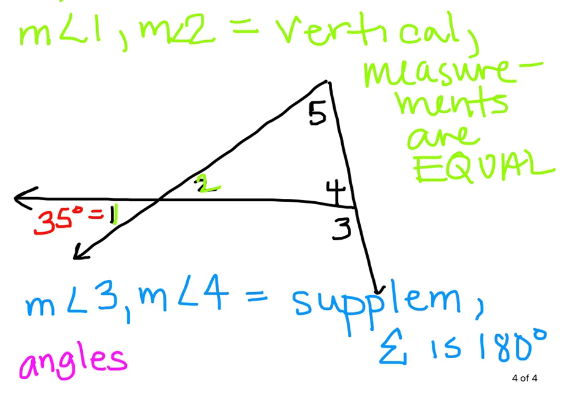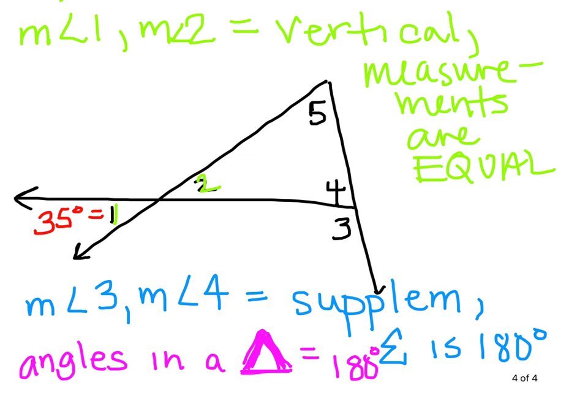So all of the angles of a triangle always add up to how many degrees? 180. Good. So 180 degrees.